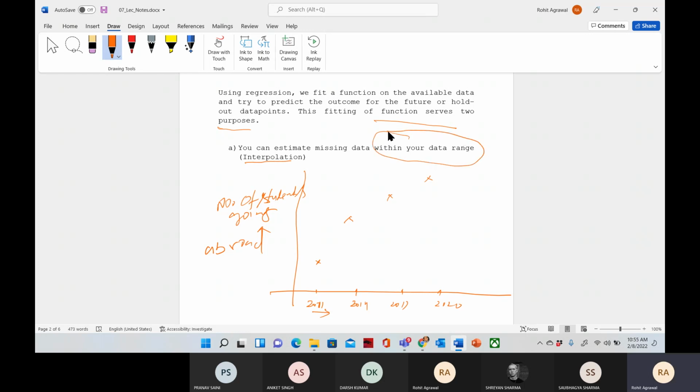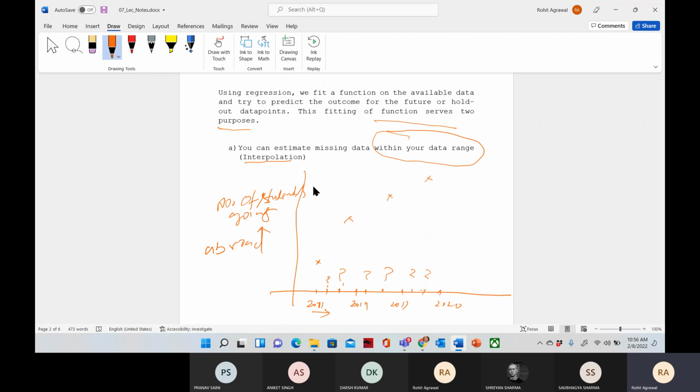Within your data range. So see, our data range is from 2011 to 2022, and our goal is to predict here, question mark, question mark, you can say 12, 13, 15, question mark, 16, question mark, 18, question mark, and 19, question mark. So your goal is to estimate the missing data within your data range.